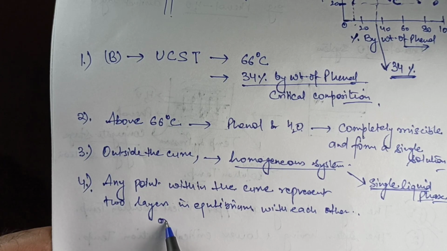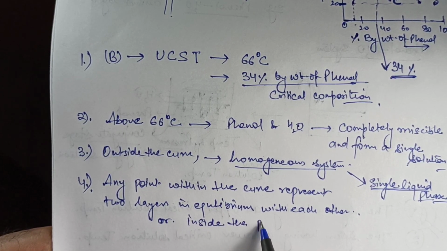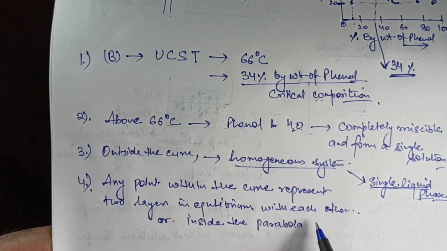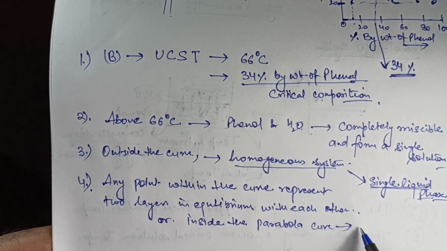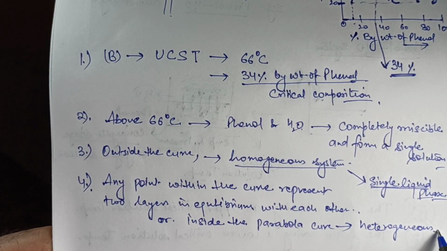Or you can say simply, inside the parabola curve, the system is heterogeneous.